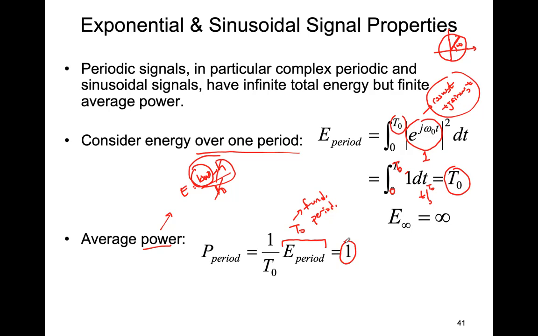So this is critical, and I want you to understand these topics: the average power, total energy, and instantaneous power concepts. And in the class, we will perform certain calculations to find the average power and total energy for different types of signals. Okay, that's all for this part, guys.